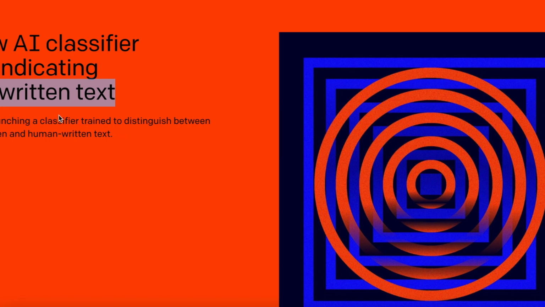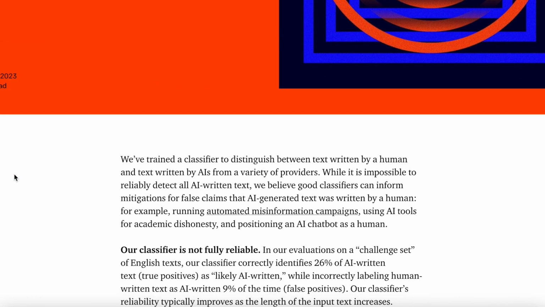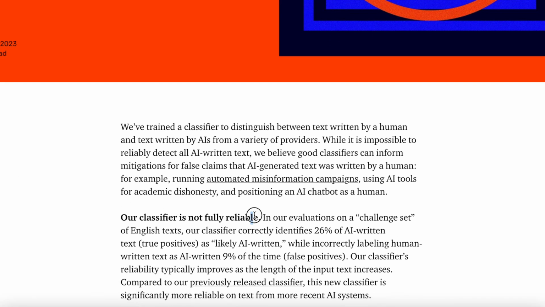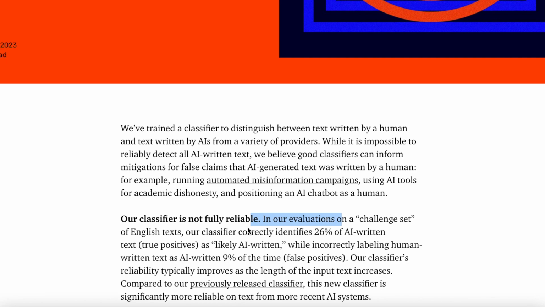Basically, this classifier is trained to distinguish between AI-written text and human-written text, but there are some limitations at this moment. For example, based on evaluations on a challenge set of English text, the classifier correctly identifies only 26% of AI-written text as likely AI-written.